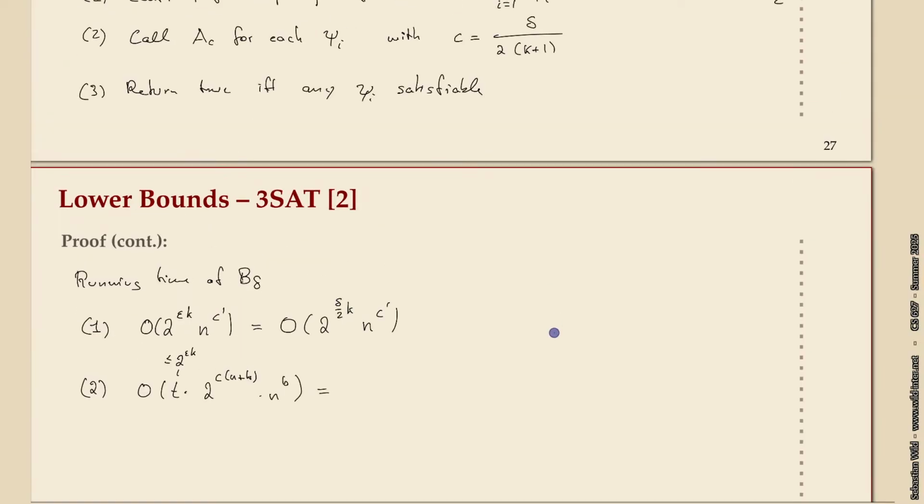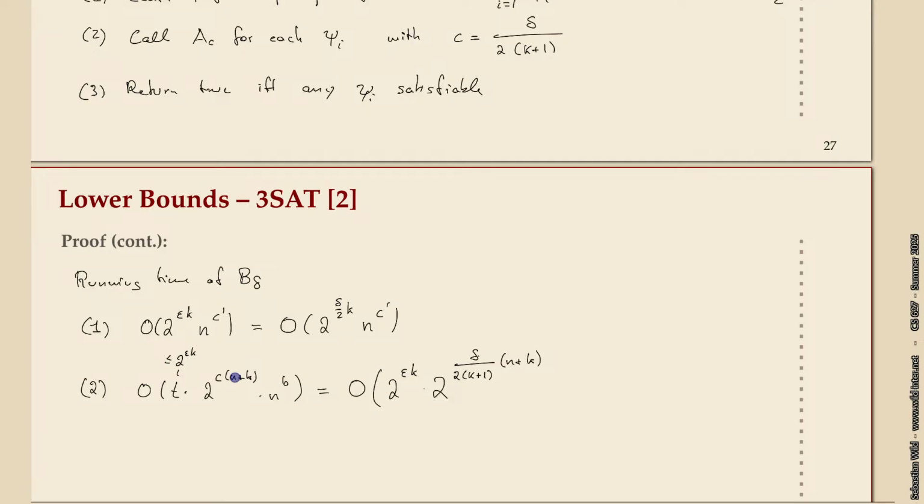Now we have to plug in what our c was, which is this. So we have the 2 to the epsilon k from the t. Then we have 2 to the delta divided by 2 k plus 1, and then n plus k. But I should say here n is a different n.